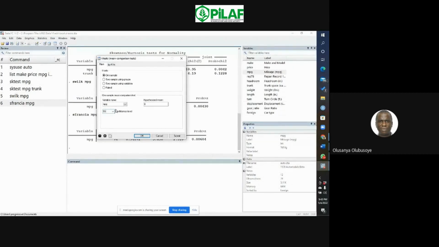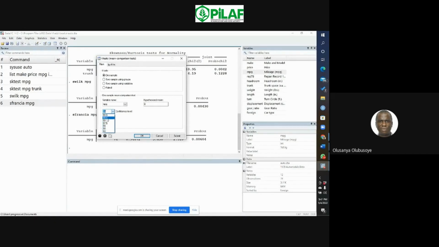These are other ones you could choose. If you choose 90%, it means your alpha level is 0.1, not 0.01. Sorry for that. If you choose 99, that's when your alpha is 0.01.